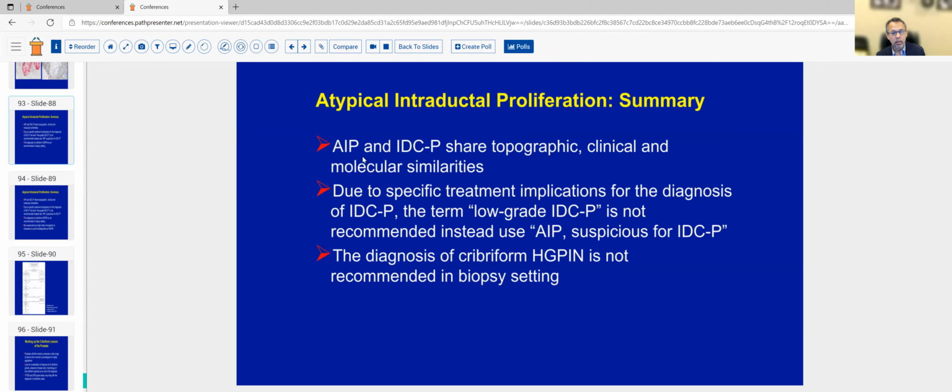So in summary, atypical intraductal proliferation and intraductal carcinoma share topographic, clinical, and molecular similarities. Due to specific treatment implications for the diagnosis of intraductal carcinoma, the term low-grade intraductal carcinoma is not recommended. Instead, use AIP suspicious for intraductal carcinoma.